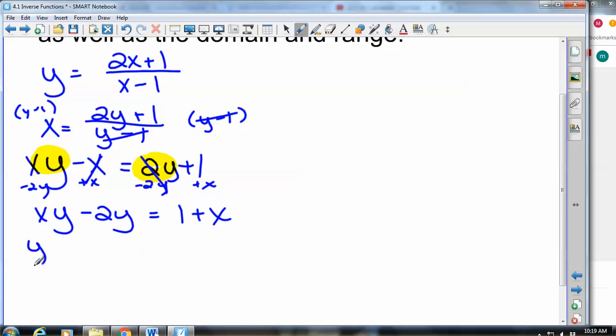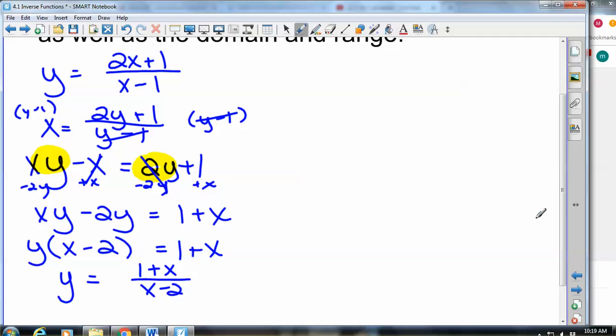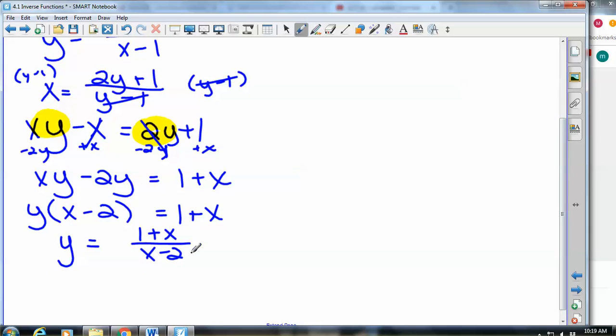Factor out y. If we take out y, we're left with x minus 2. So then you can divide by that whole thing. So y is 1 plus x over x minus 2. Always make sure your final answer can't have any y's over here. Okay. Final piece, instead of y, we write f inverse of x.